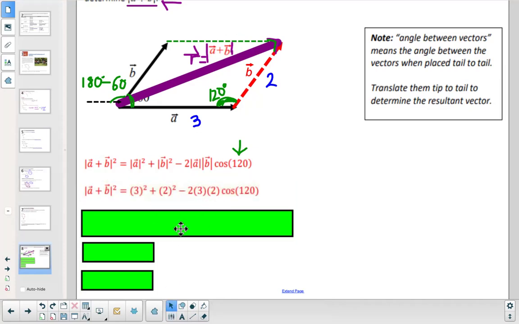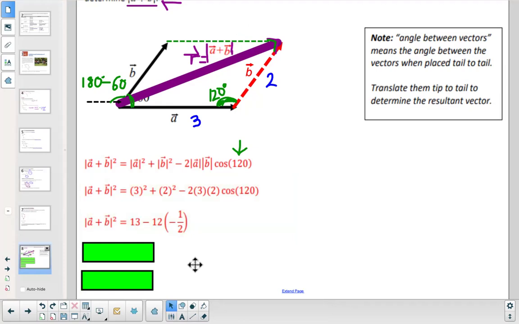I first substitute everything into the formula, and then I'm going to show some steps. Steps are really important, because even if I miscalculate and get the final answer wrong, if I show that 2 times 3 times 2 is 12, cos 120 degrees is negative 1/2, and 3 squared plus 2 squared is 13, I'm showing some steps that allow your teacher to give you some part marks, even if you get the question wrong.